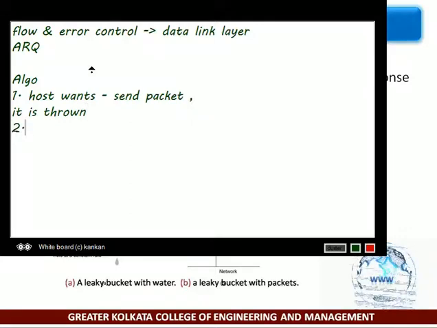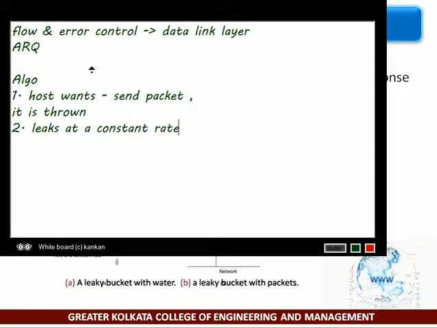Step 2, the bucket leaks at a constant rate, meaning the network interface transmits packets at a constant rate.